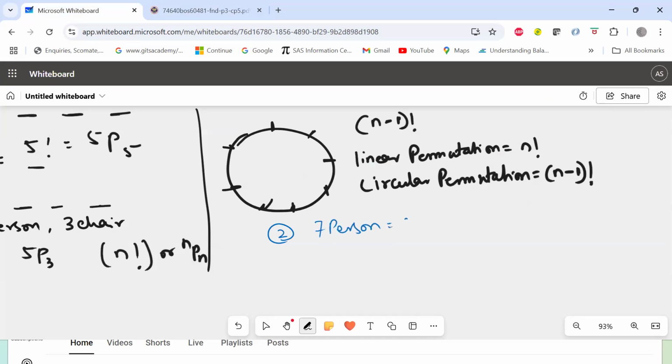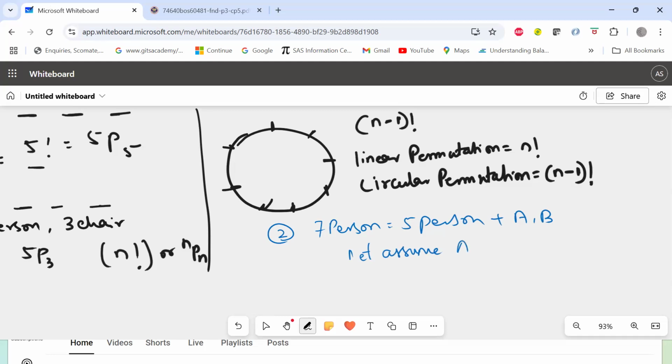Out of the seven, suppose you have 5 people who can sit in any place, and then you have A and B, two people who want to sit together only. They don't want to sit in any other place. So what I can do, let's assume A and B as X.